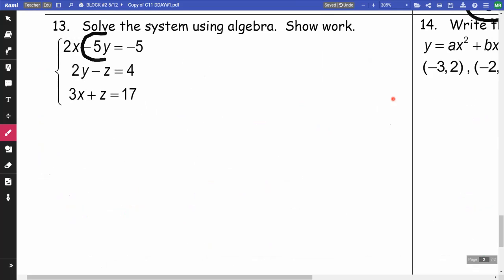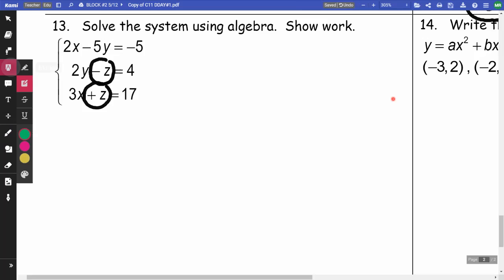If I was trying to get rid of my y's, I'd have to get like a 10 for these, so I'd have to multiply both of the equations. So maybe I don't want to get rid of my y's. Looking at our z's, I have a negative z and a positive z. That would probably be the easiest to eliminate. So if I'm going to eliminate that, that means that I am going to keep this one, because that already has an equation without a z.